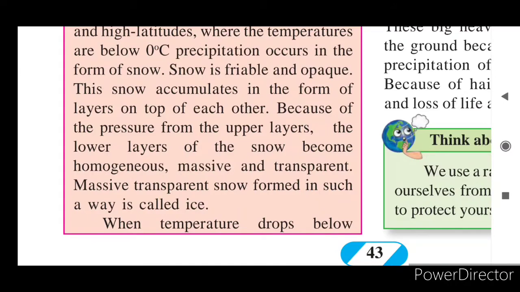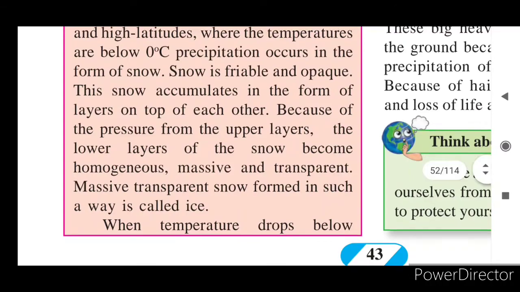So several layers are formed, one layer, two layers. As the snow is falling, one layer will be prepared there. In this way, because of the pressure created by the upper layers on the lower layer, we can see the transparent and homogeneous type of ice is made. So that is called ice.